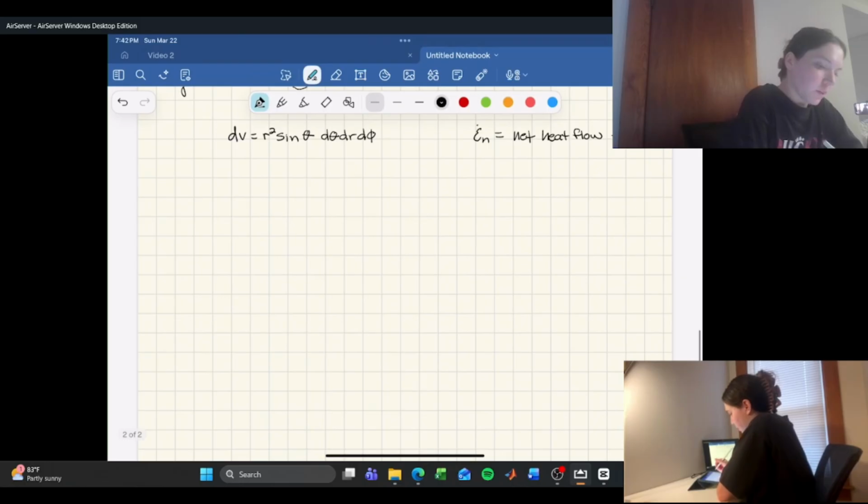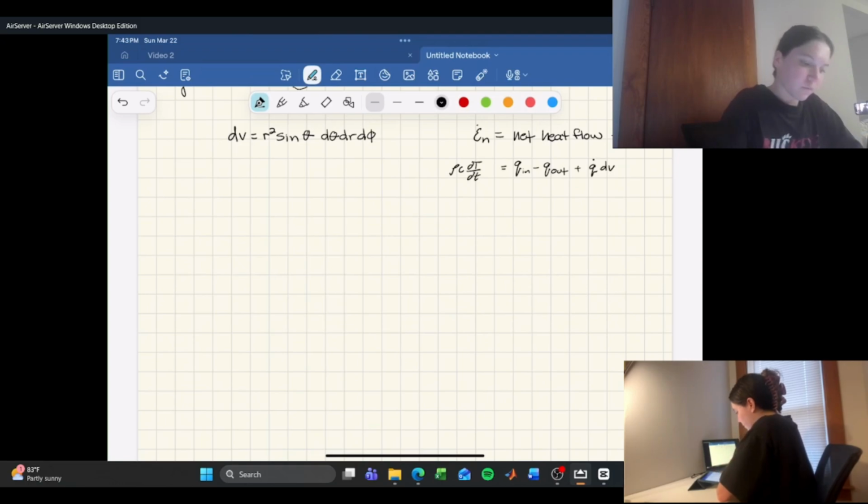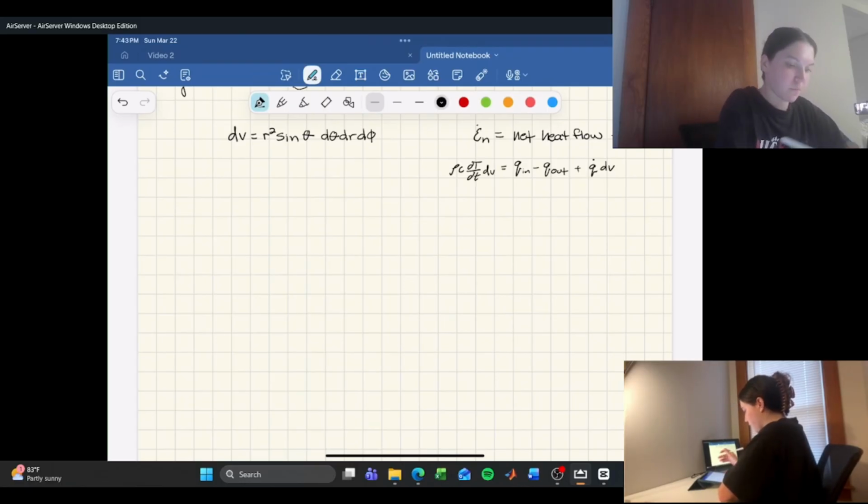So this is going to be the heat flow in minus the heat flow out plus the heat flow rate times the volume, and then the energy stored is still density times heat capacity times the change in temperature over the change in time, and then times the volume on this side as well.